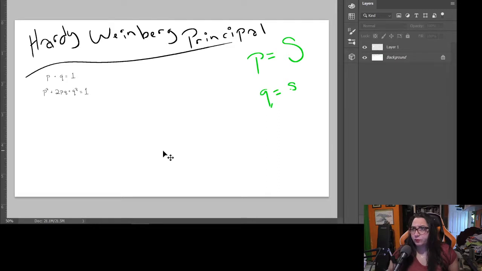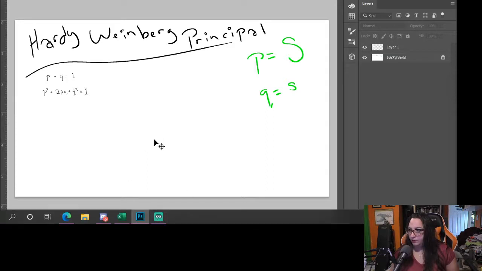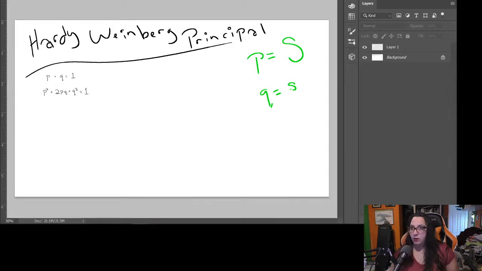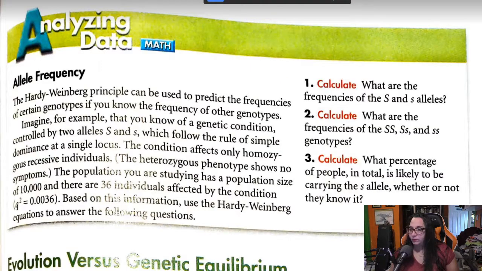So if we look at this, we see that we've got a population. What are we given in the problem? We're told that there's a condition that only affects homozygous recessive individuals, so people that have little s, okay? The heterozygous phenotype shows no symptoms.